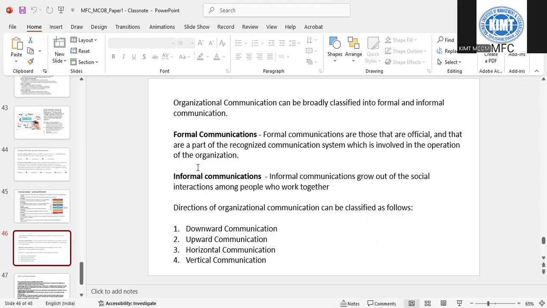Similarly, horizontal and vertical within the department. If the communication is flowing between an employee and a co-worker, that is known as horizontal. Similarly, it is all in the same hierarchy. Communication can go in that way.